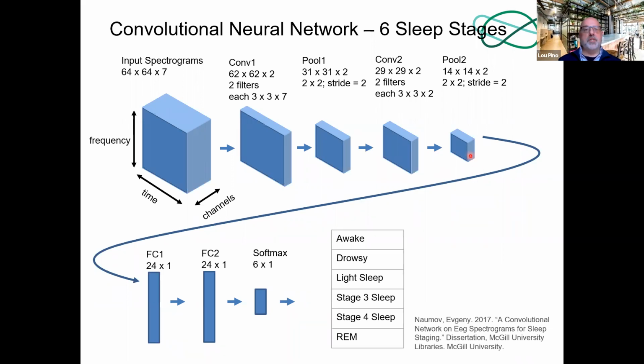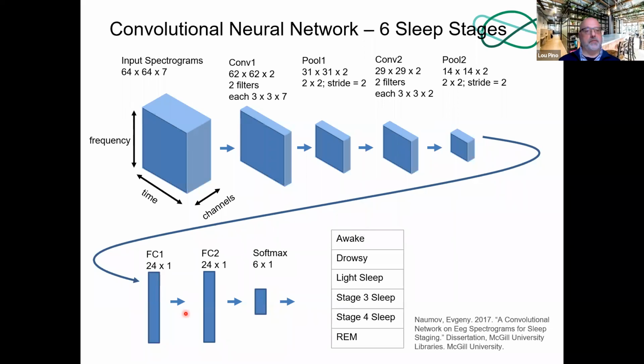At this point, all of the features were calculated, and the classification of the features into stages is done by 2 fully connected layers of artificial neurons. There are 24 artificial neurons here, 24 artificial neurons here, and they're fully connected to the previous layer.